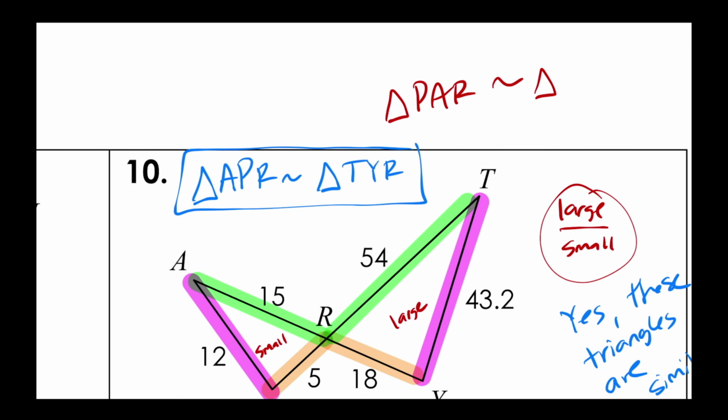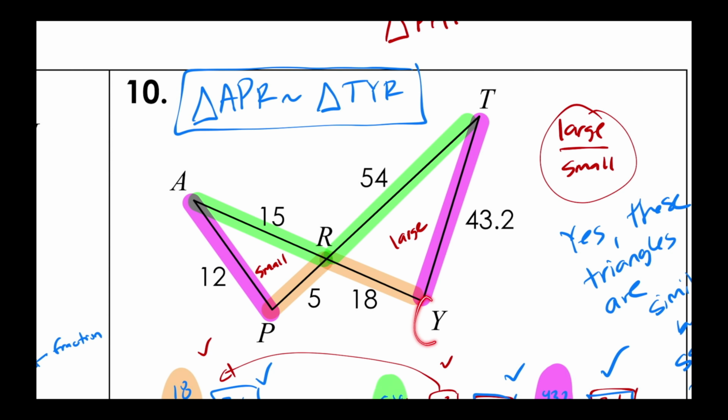So let's make sure we do this right. What does P match up with? P and Y match up, don't they? So that means I'd have to put Y first over here. And then what matches up with A? A matches up with T. So I'd have to put that second, T. And then R matches up with R, so I'd have to put R. So it doesn't matter the order you put it as long as you make sure that they're matching, that the first letter you put here matches the first letter here, P and Y. Yes, P and Y are corresponding.